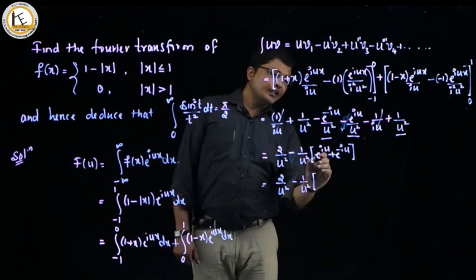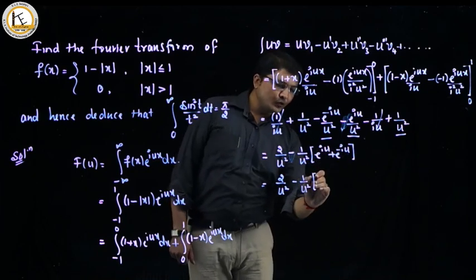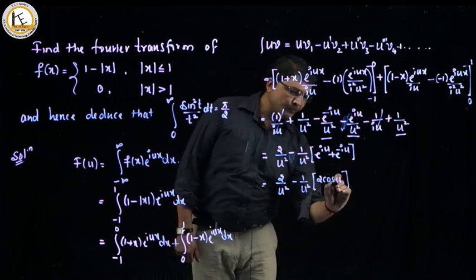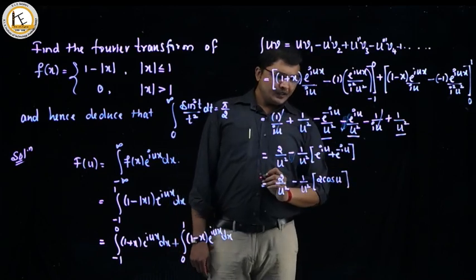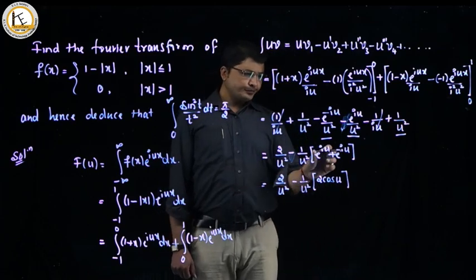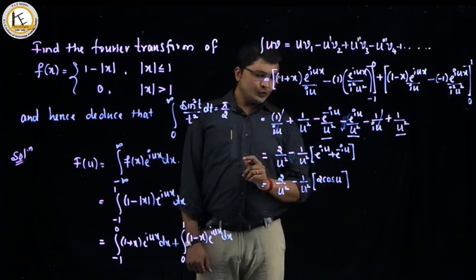So e raised to iu plus e raised to minus iu will be 2 times cos u here. Using the definitions of e raised to i theta and e raised to minus i theta, when you add them you will get 2 cos u.